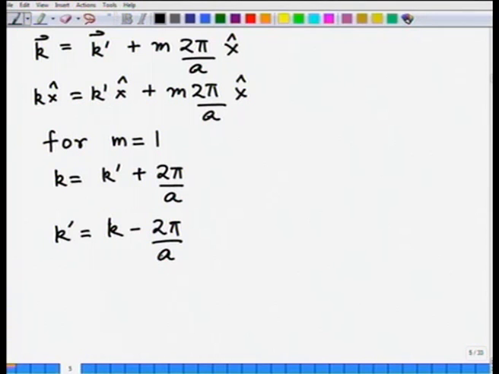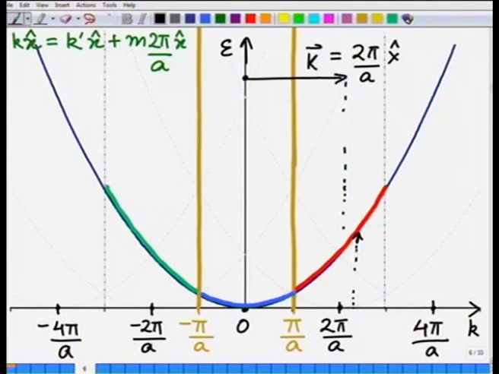Essentially, whatever the k value is, if I subtract out 2 pi by a, then I will be back in the first Brillouin zone, and the red curve can be represented in here like this.